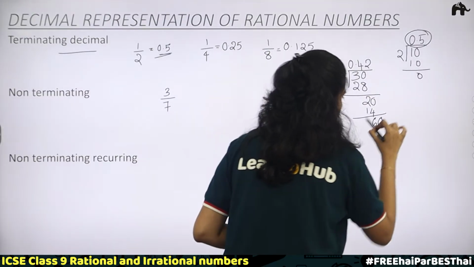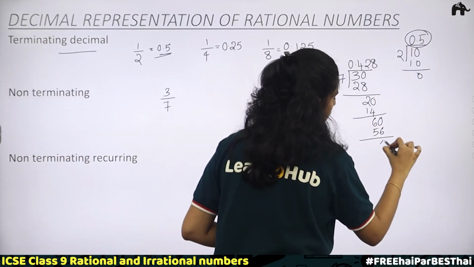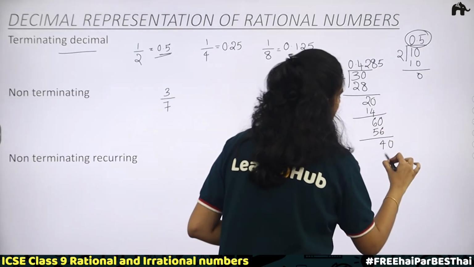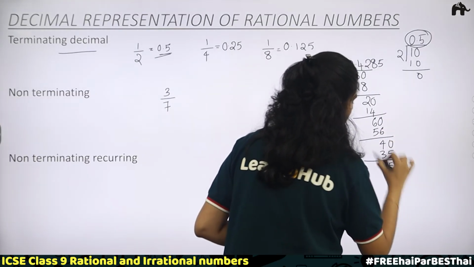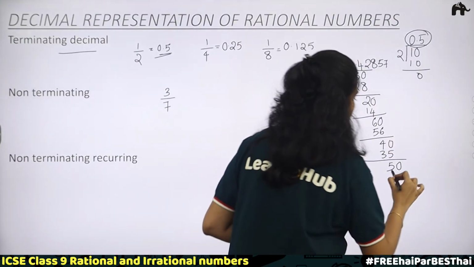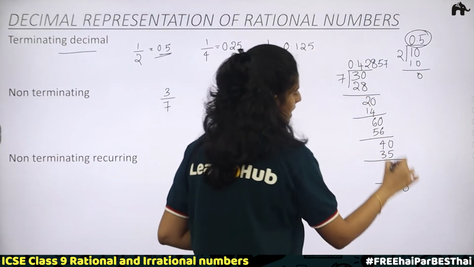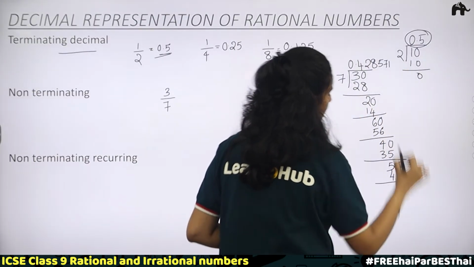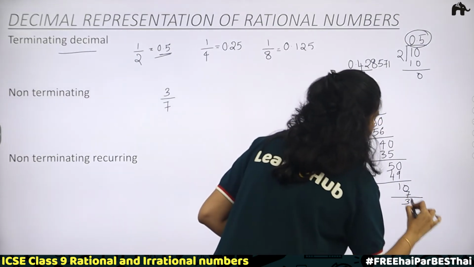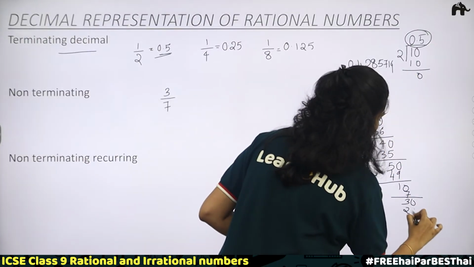Now 60, you get 8 times 56, 4 is the remainder, adding a 0, 5 times 35, 5, adding a 0, 7 times 49, 1, 0, 7, 1 time 7, 3. Okay, 30, 4 times 28.